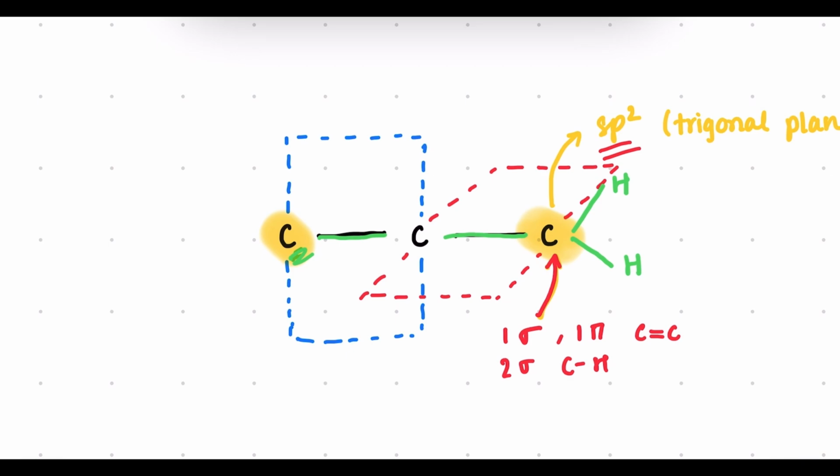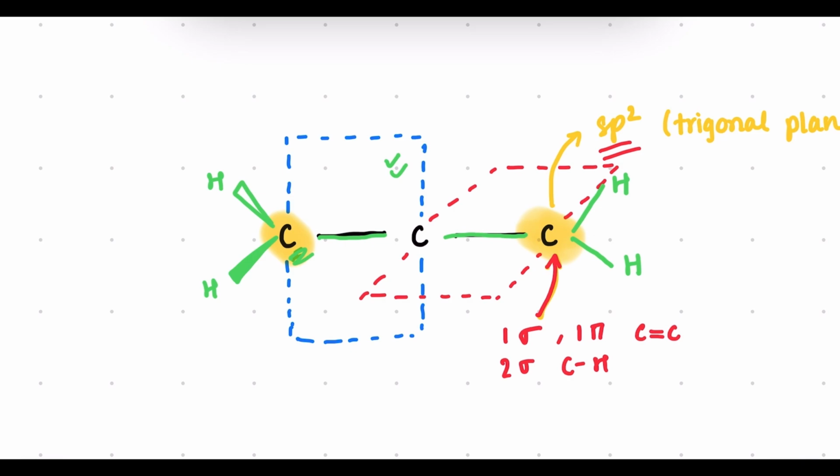Now, how else would we get a trigonal planar structure? With respect to this plane, we would get a trigonal planar structure if one hydrogen was towards us and one hydrogen is away from us.